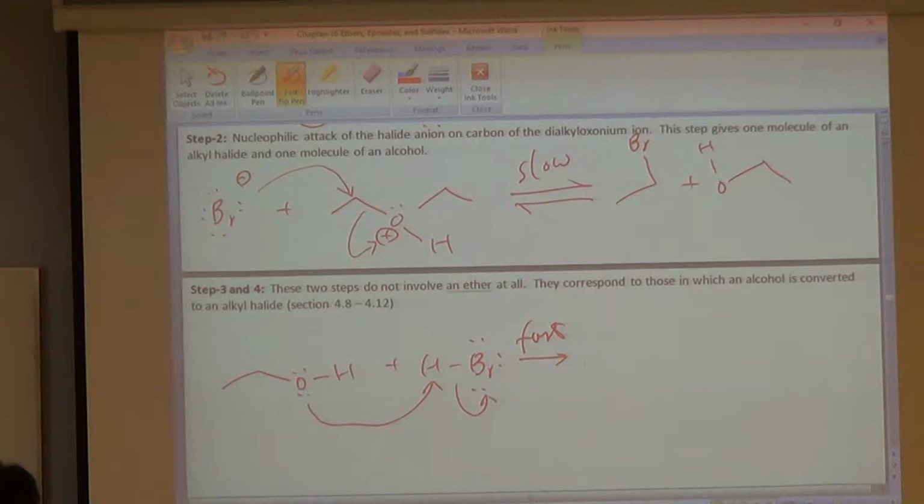Initially you have one H, now you're adding one more H. Now this oxygen has 3 bonds, so it becomes positively charged, plus the bromide.